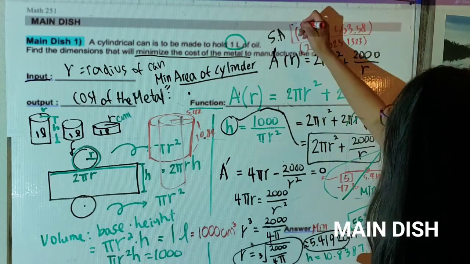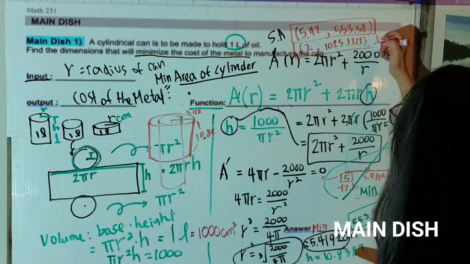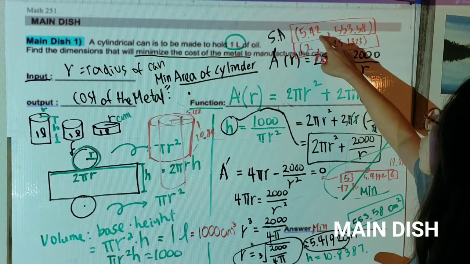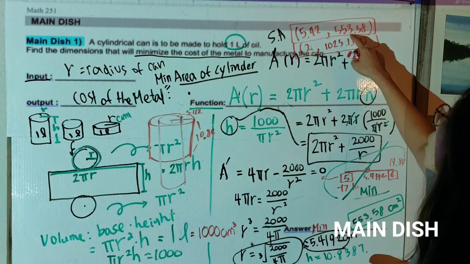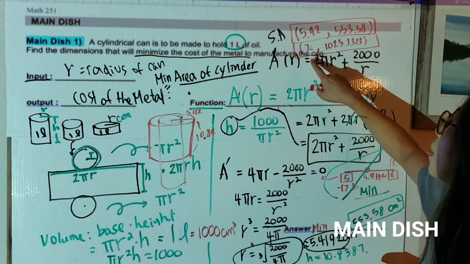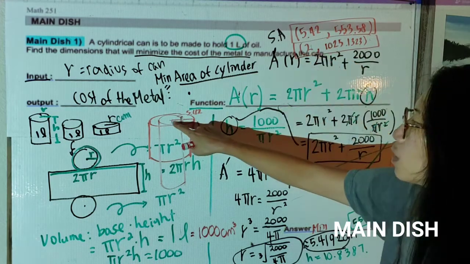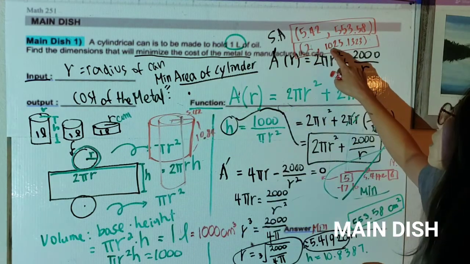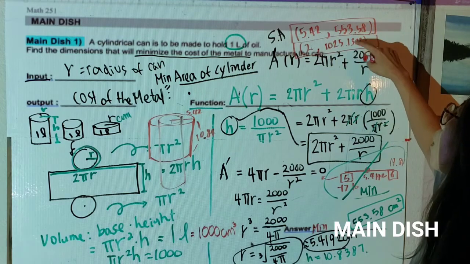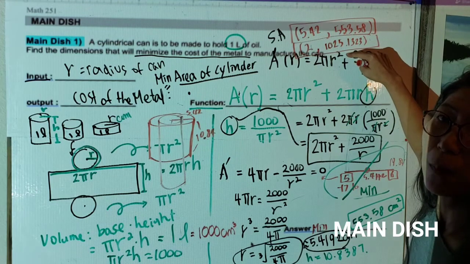I want you to see the differences. If I have a radius of 5.42, you only need 553 square centimeters, basically, rounding. If you use 2 centimeters, how much do you have to use for the surface? 1025. Do you see that? About twice more.